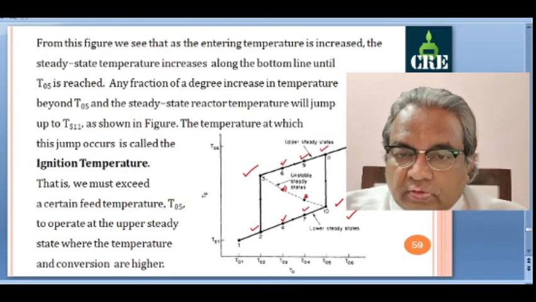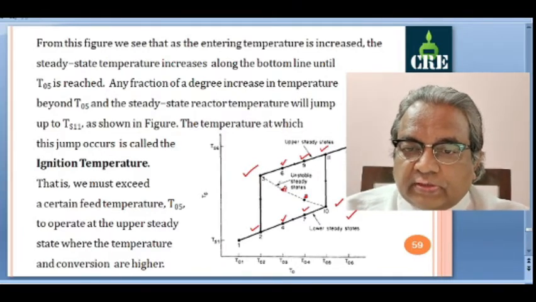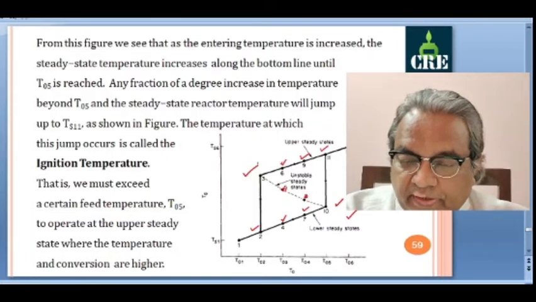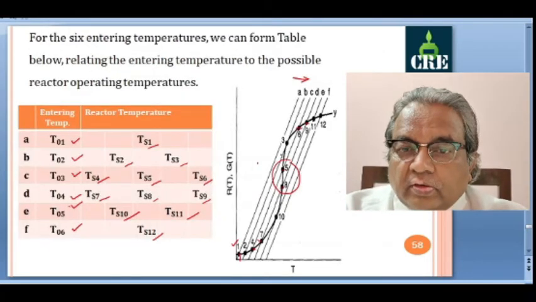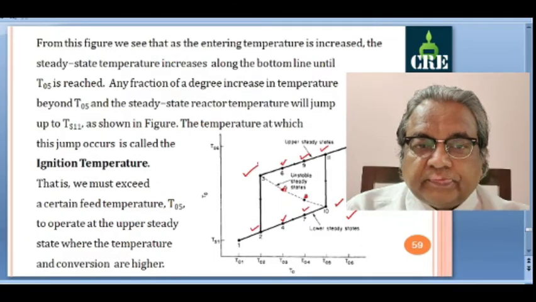So this is a stable region, this is a stable region, and in between you have an unstable region. At steady state points 5 and 8, it will be better not to operate at those points.